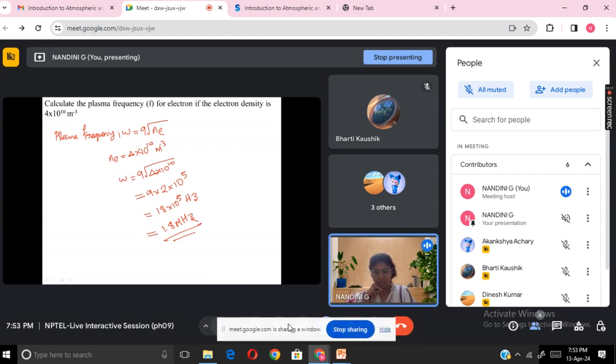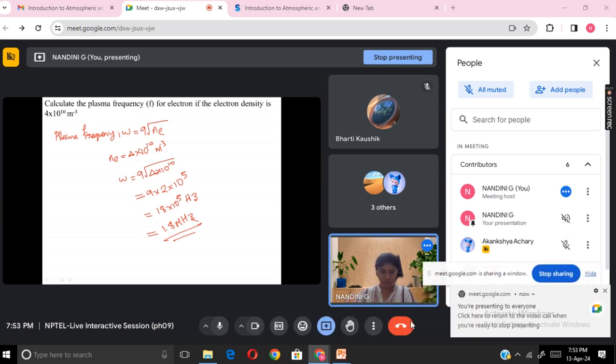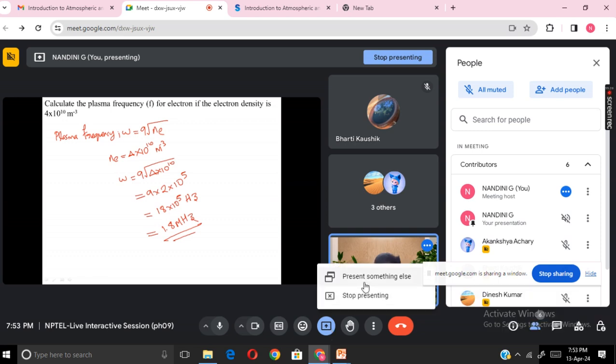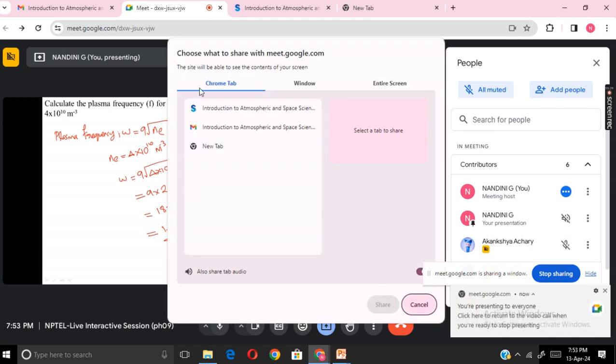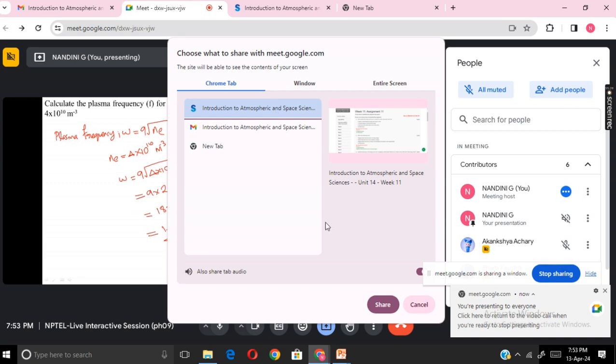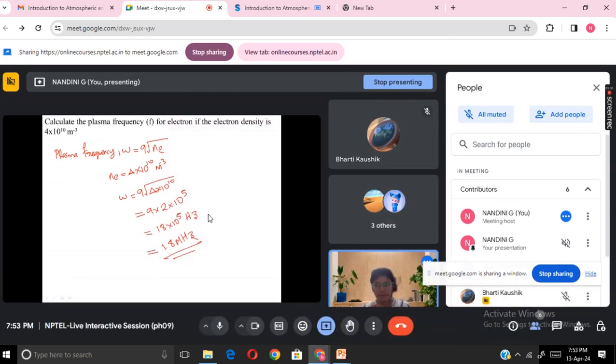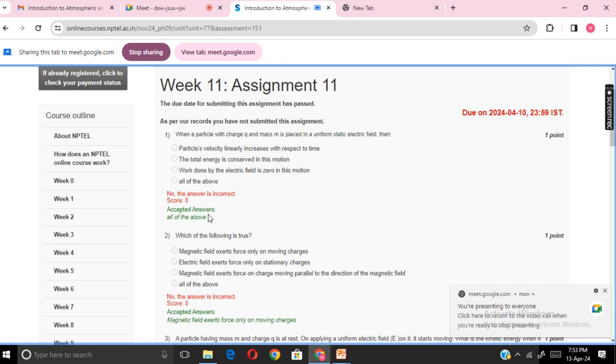Now we will see the assignment questions in week 10. The first question is, when a particle with charge q and mass m is placed in a uniform static electric field, then the particle's velocity linearly increases with respect to time.